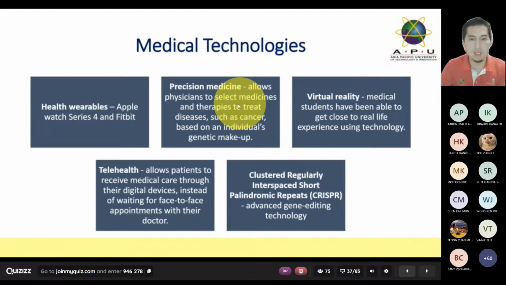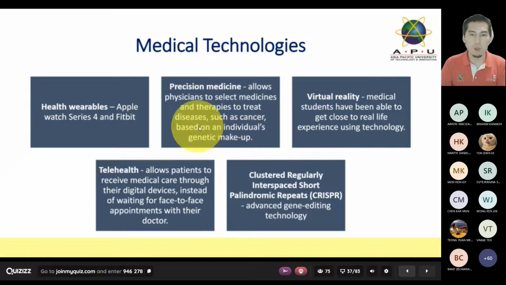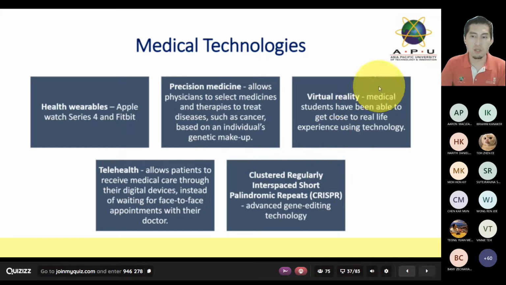As you can see here, it allows physicians to select medicines and therapies to treat diseases such as cancer, based on, this is how customized they can go, individuals' genetic makeup. So this is one area of treatment, obviously. VR as well, for simulation for medical students, is where it's highly used. Telehealth.